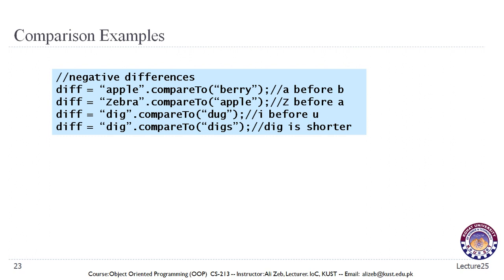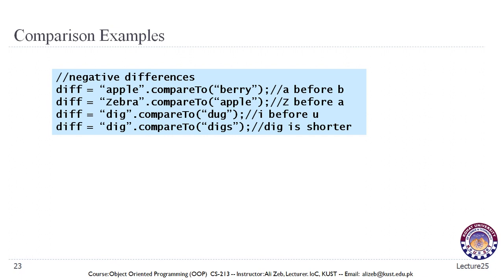Comparison examples, let's say apple.compareTo(berry). We can go to the ASCII values of these characters if you want to see in detail how this comparison is done.